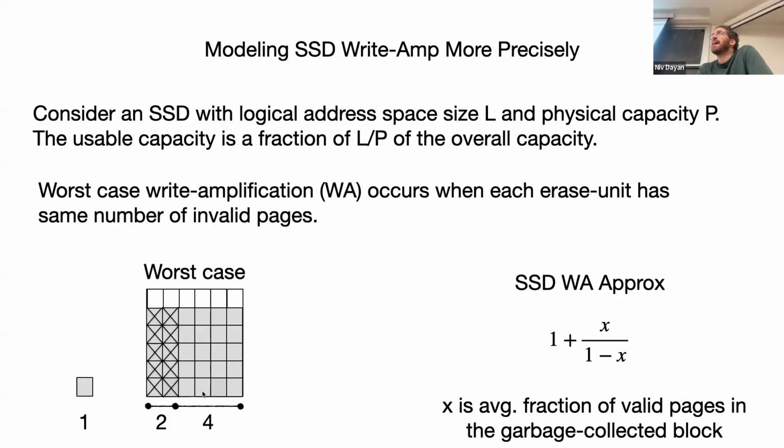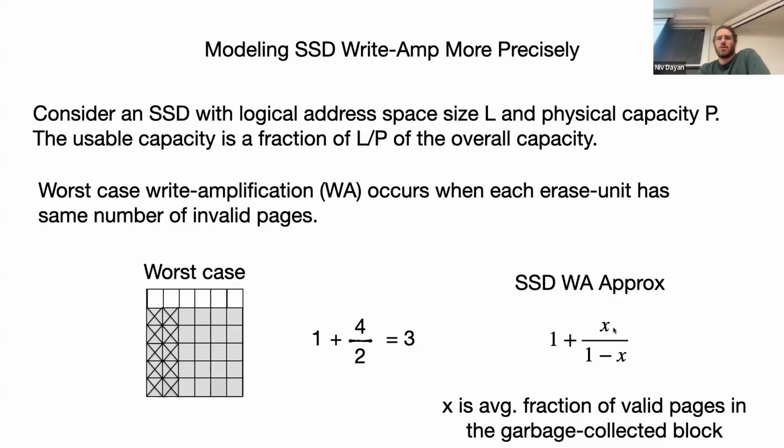And in exchange for migrating those 4 pages, I get 2 free pages. So you have to do that on average for every page that your application is trying to write. And so on average, this gives you an expression for the overall write amplification. In this case, it's something like 3. Okay, so this is just to give you an intuition of what this equation is actually trying to do.